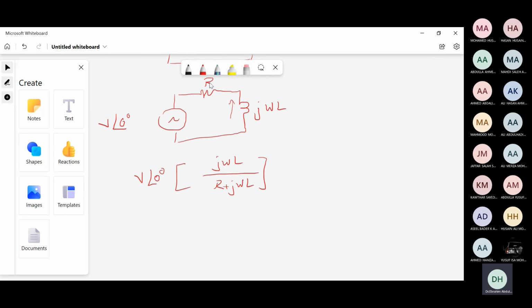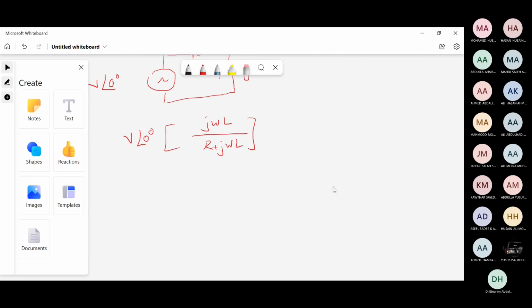Okay, how are they related to the system here? This is related to the input. Okay, how to solve this one? This is a complex number. So it means that in the numerator you will get omega L angle 90 degrees.